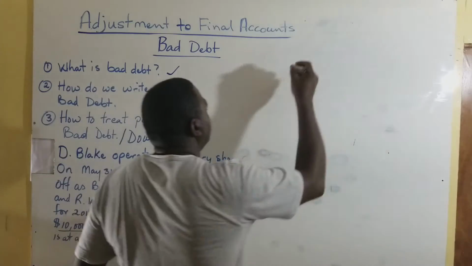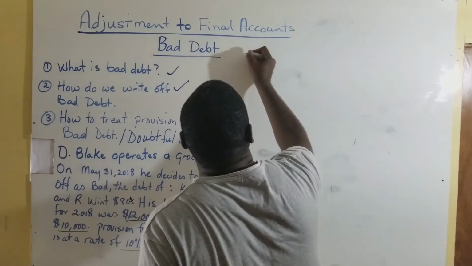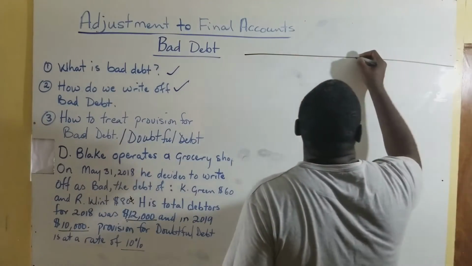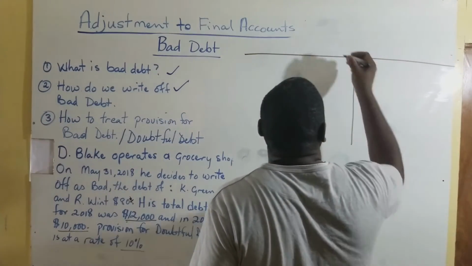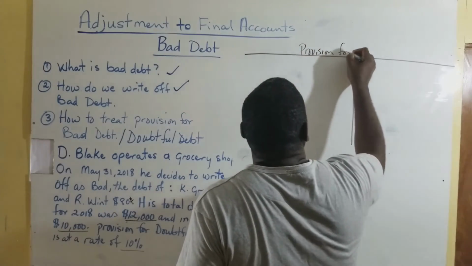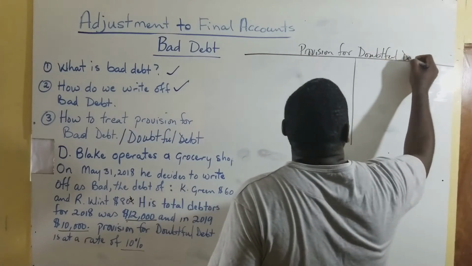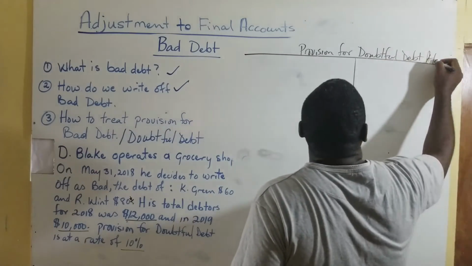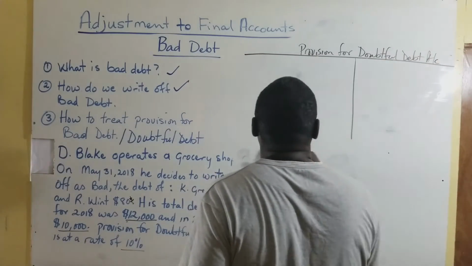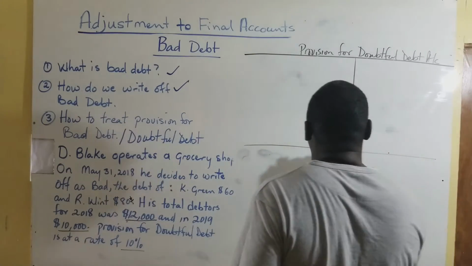So let's see if we can work it out now. The accounts that we are going to be opening, first of all, is the provision for doubtful debt account. And of course, the next one we're going to open is the account relating to profit and loss.